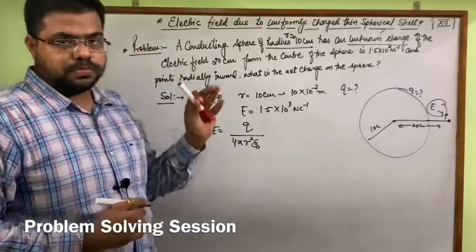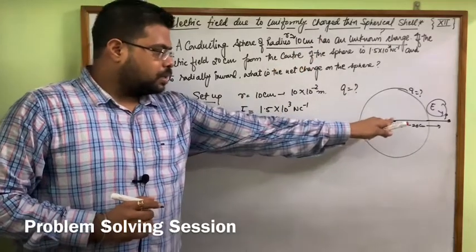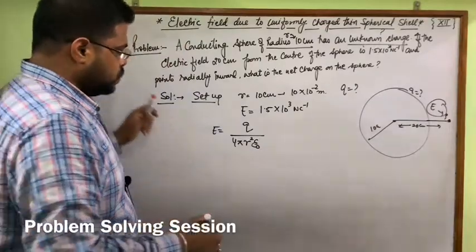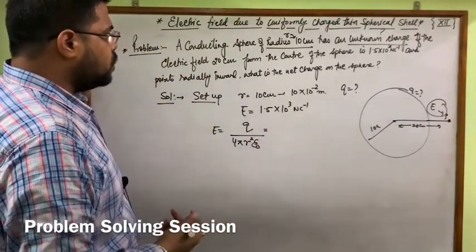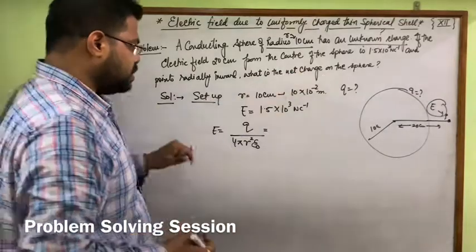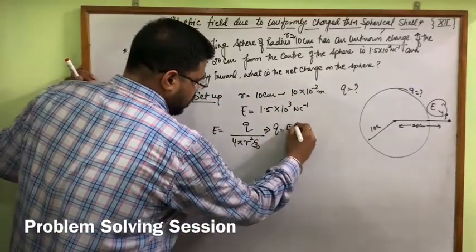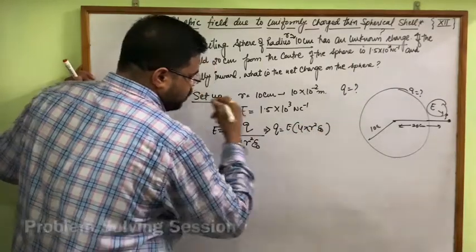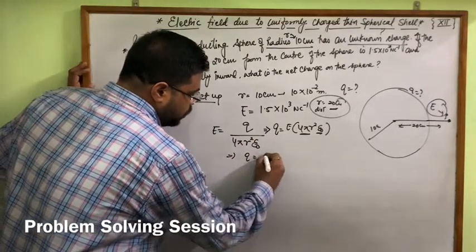Don't be confused about the 10 centimeter, because the point lies outside, so we take r as the distance of the point. Since the charge is unknown and we have to calculate the net charge, we rewrite the formula as Q equals E 4 pi r square epsilon naught, and then place the values.